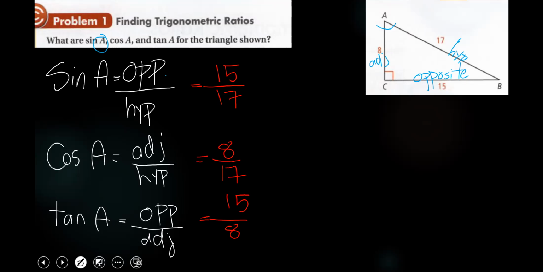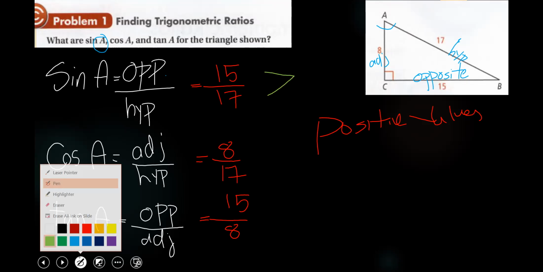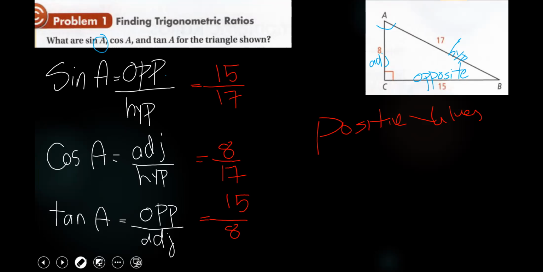Now, be careful. The sine, cosine, and tan must be positive values. This is the first thing. The second thing you must know is that sine must be less than 1, positive, between 0 and 1.